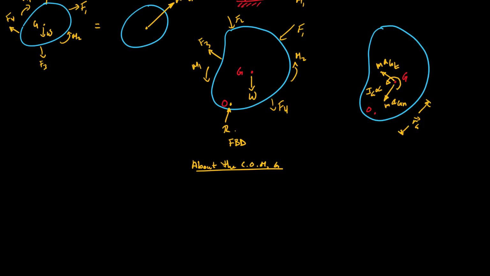Instead of x and y, we're in n and t, so we can write sum of the forces in n is equal to mass times the acceleration of the center of mass in n. And the sum of the forces in t, the tangential direction, is equal to the mass times the acceleration of the center of mass in the t direction. And we also have the sum of the moments about point G is equal to IG alpha.